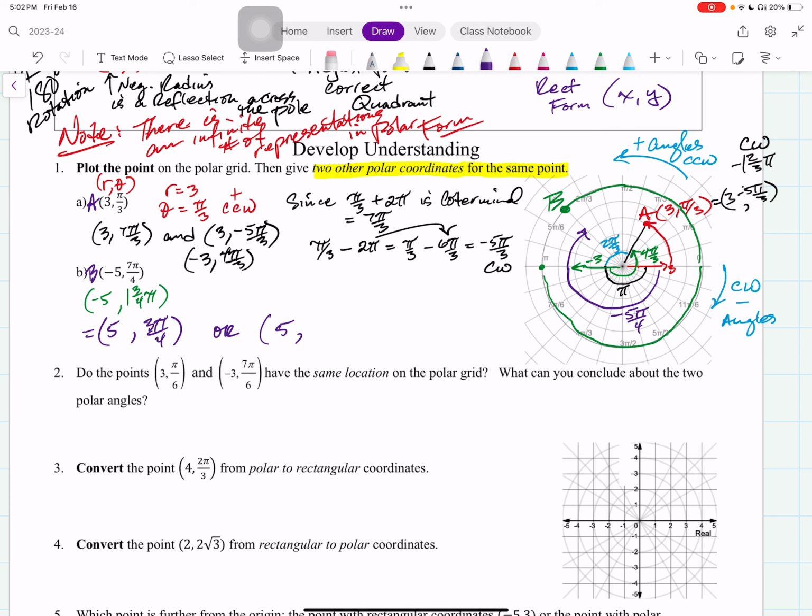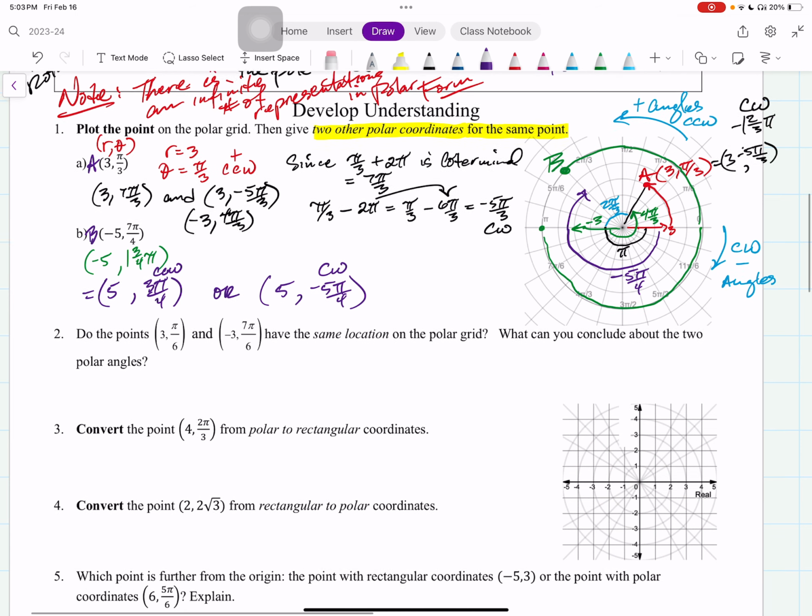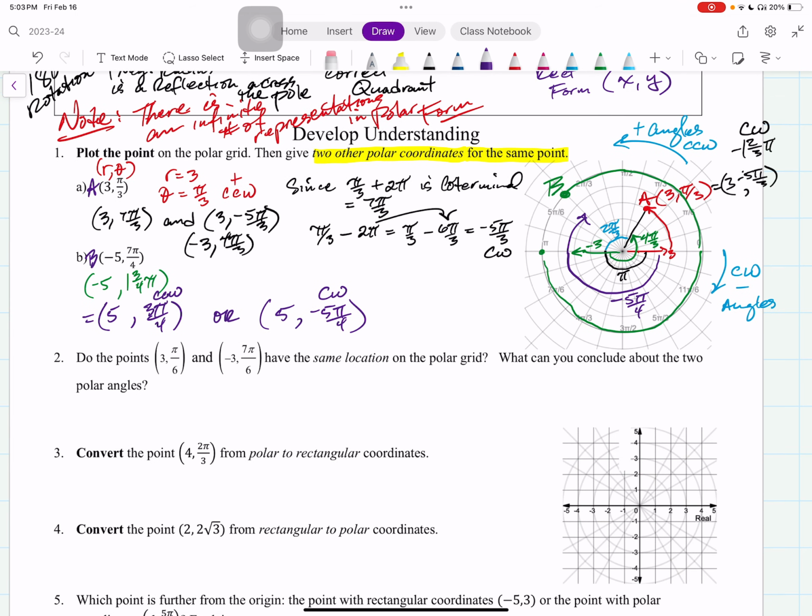So I could say 5 comma negative 5/4 pi, and this is a clockwise direction because it's negative. Or you can go counterclockwise if you want to express it as a positive angle. You just got to get used to it. All right, and that's plotting points in polar form.